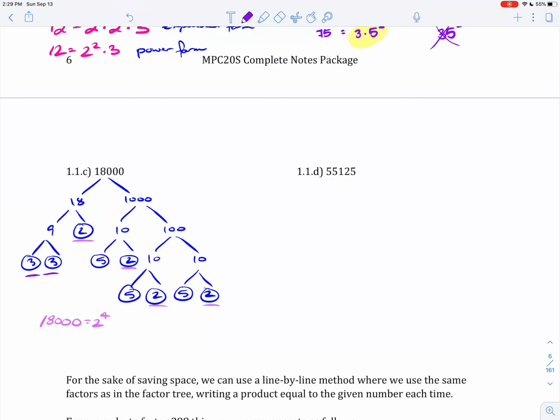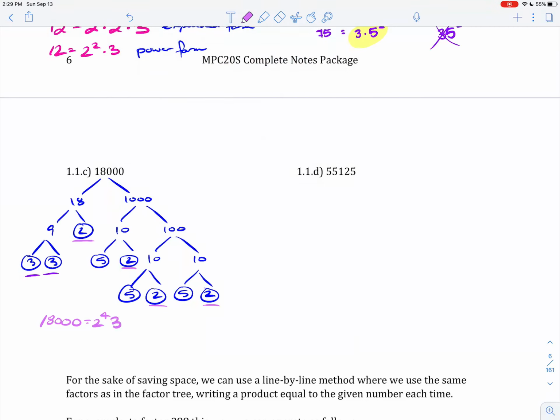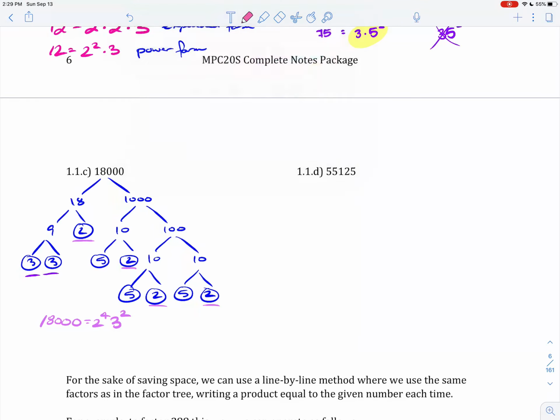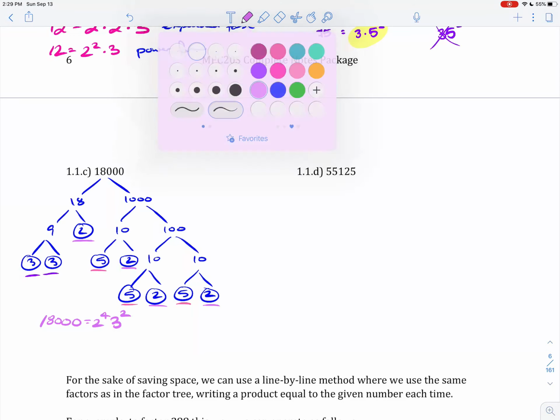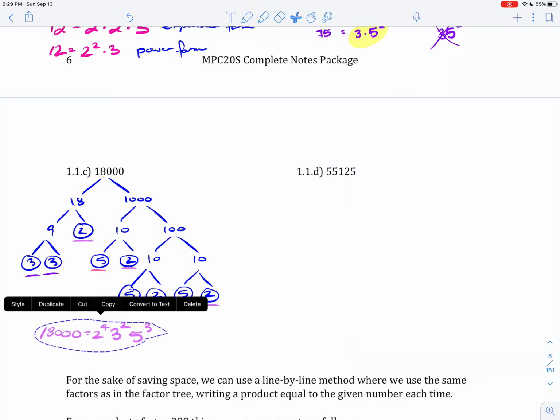There's a 3, no other 3s. So it's the 2 3s, and then how many 5s am I dealing with? That's 2, 5. So 5, 5. So I got 3 5s. So 5 to the power of 3. That is what we'll call that one.